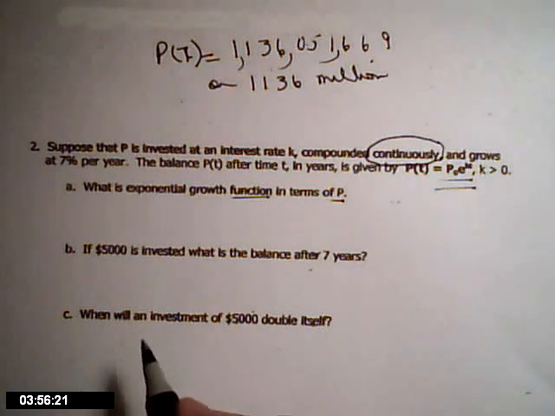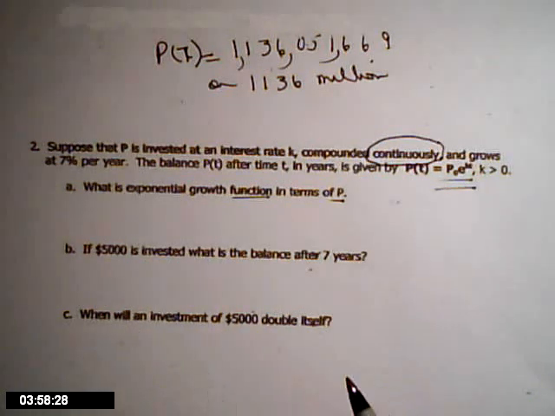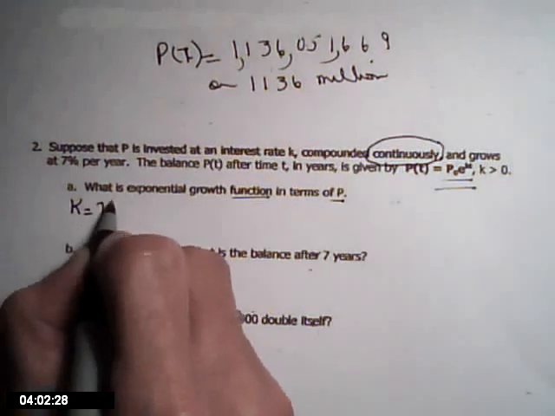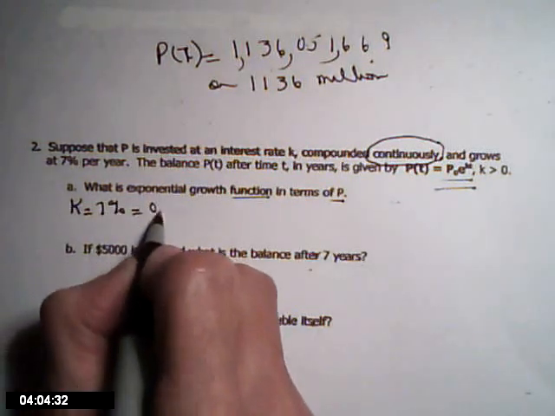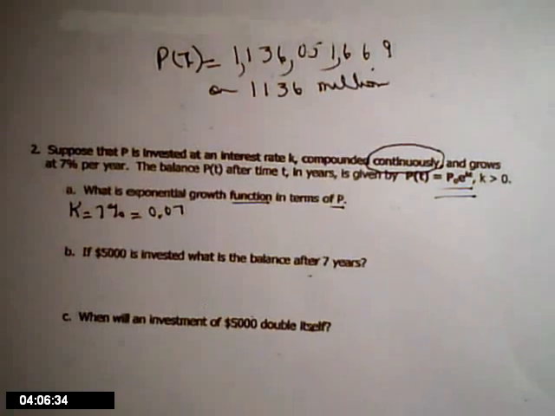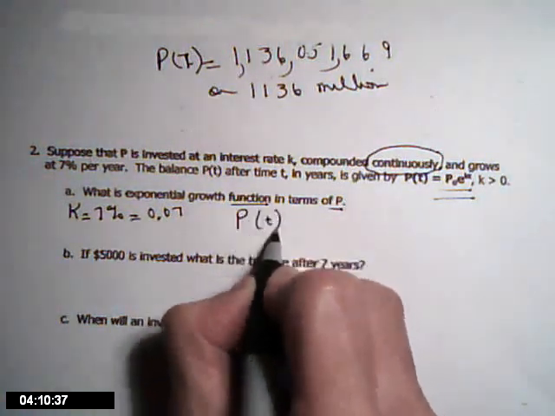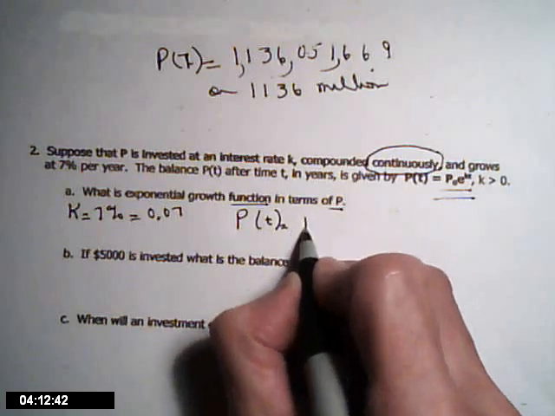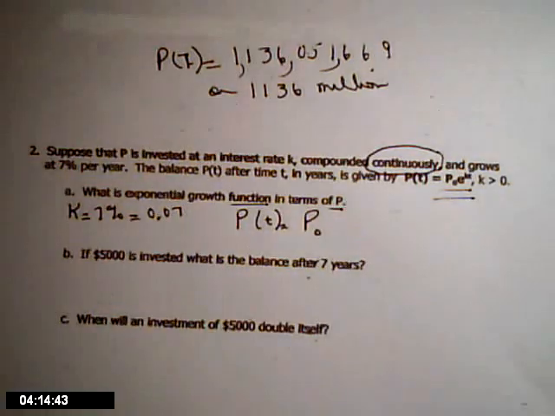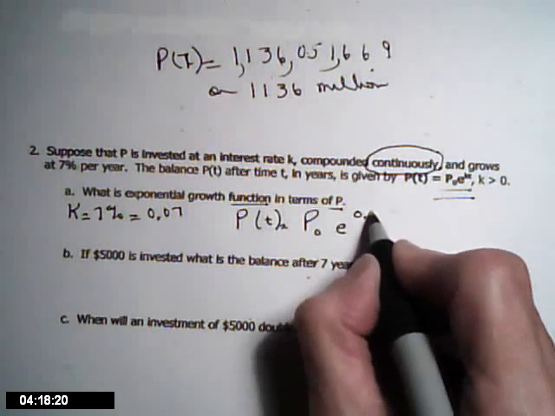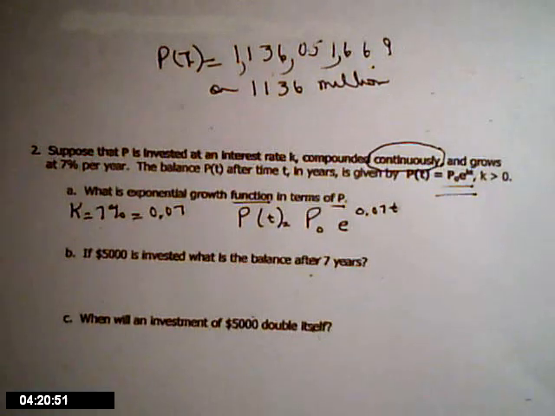You need to write the problem with what you're given. I am told in this problem that k is 7%, which is 0.07. So my original function will be P of t equals P sub 0, whatever that is, times e raised to the rate, which is 0.07, times t, whatever that is. The first thing they want you to do is just write the problem with what you know.